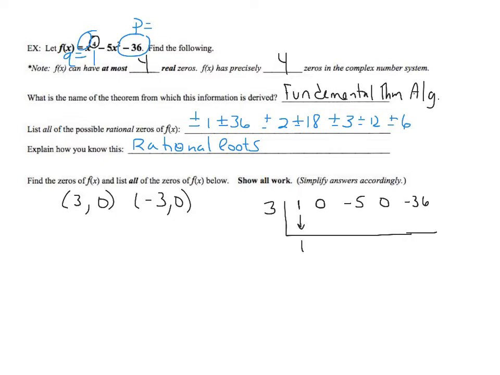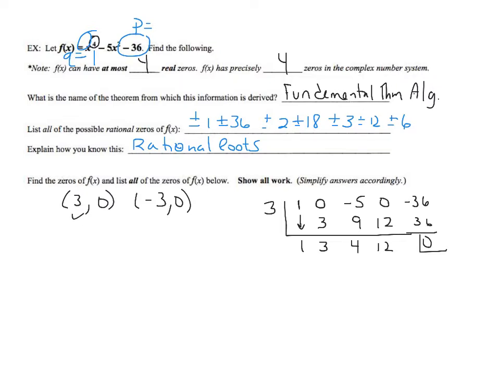So I bring down the 1. 3 times 1 is 3, 0 plus 3 is 3, 3 times 3 is 9, -5 plus 9 is 4, 3 times 4 is 12, 0 plus 12 is 12, 3 times 12 is 36. And that should make sense because 3 was a zero, so it should give us a remainder of 0.